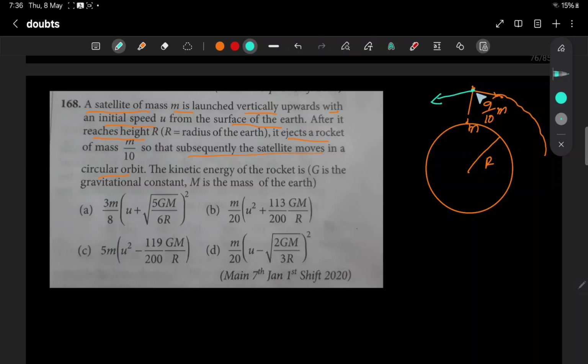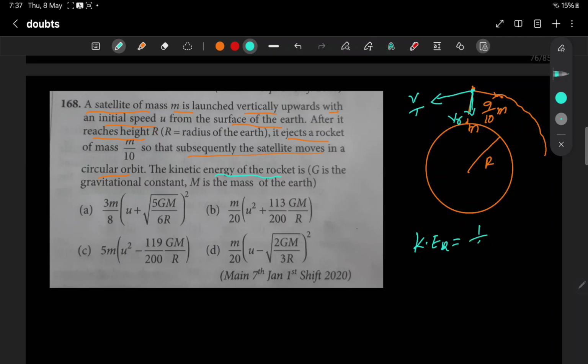Here it will have some tangential velocity, and at the same time it will have some radial velocity. So I'll write that in this direction. It will have some radial velocity, correct? So what is the kinetic energy of the rocket? If you want to find it, it has both components, a radial component and a tangential component.